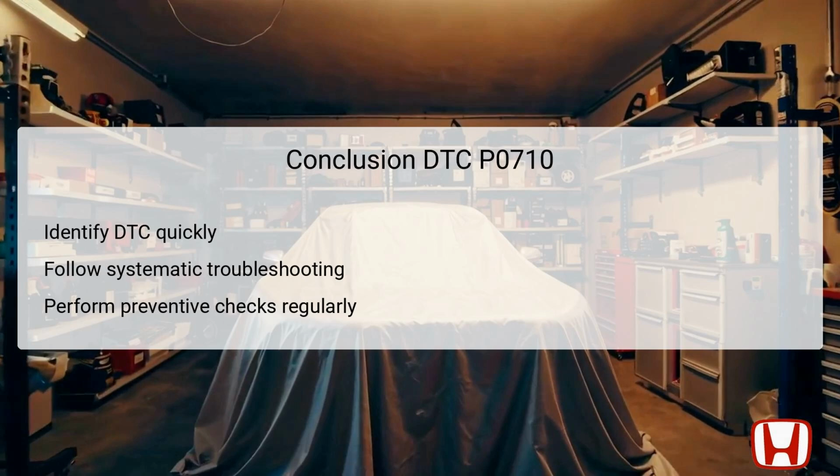In conclusion, timely identification and resolution of DTC P0710 is crucial for maintaining the integrity of the Honda Accord's transmission system. Following a systematic troubleshooting process serves to accurately diagnose the underlying issues, ensuring effective repairs are executed.